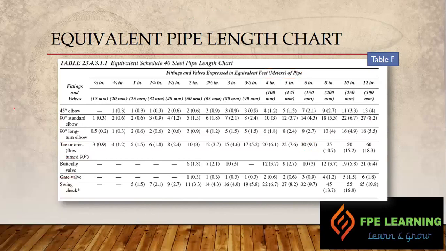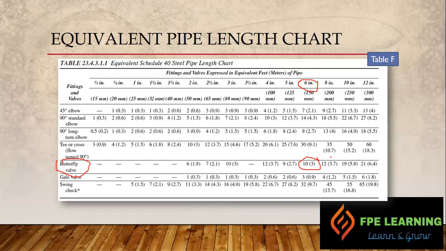Now, how about a gate valve or butterfly valve? Let's say we have a 6-inch butterfly valve. Come all the way from here, here we have butterfly valves, come to this point. For a 6-inch butterfly valve, the equivalent pipe length will be equal to 10 feet or 3 meters.